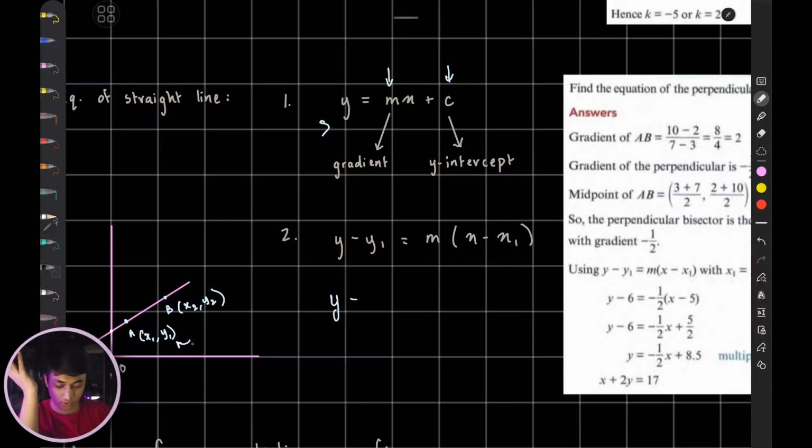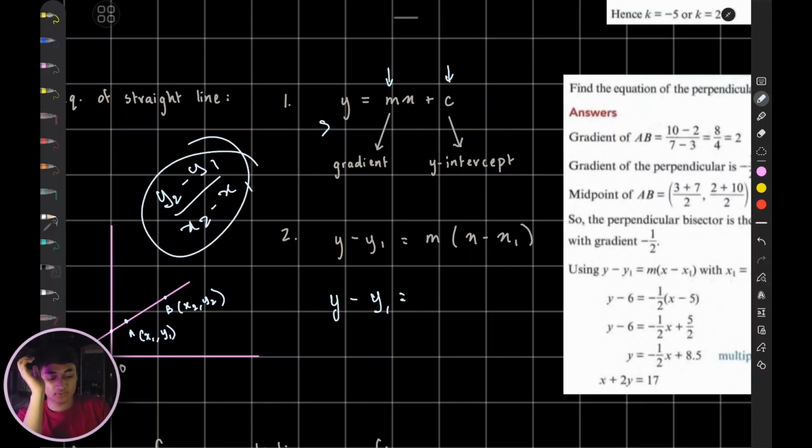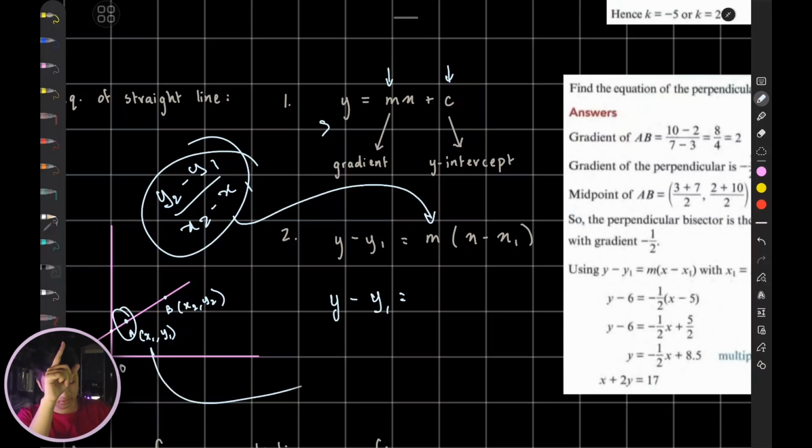So y minus y1 is equal to whatever gradient you found out between a and b, basically y2 minus y1 divided by x2 minus x1. Whatever you get, plug in over here, right? Fair enough. Now, keep the x as it is and plug in the x coordinate of whatever point you took. If you took a, plug in the x coordinate of a.